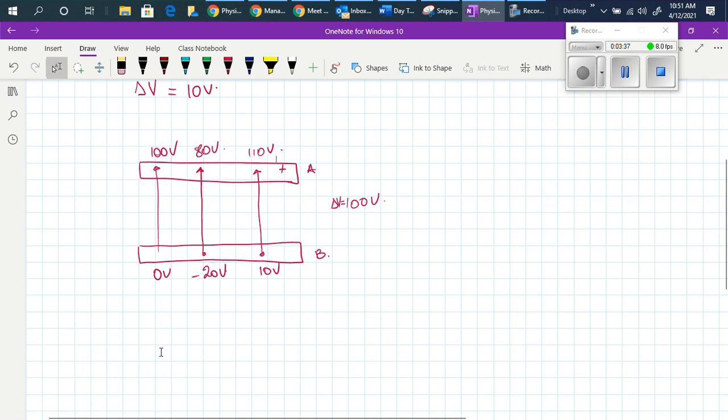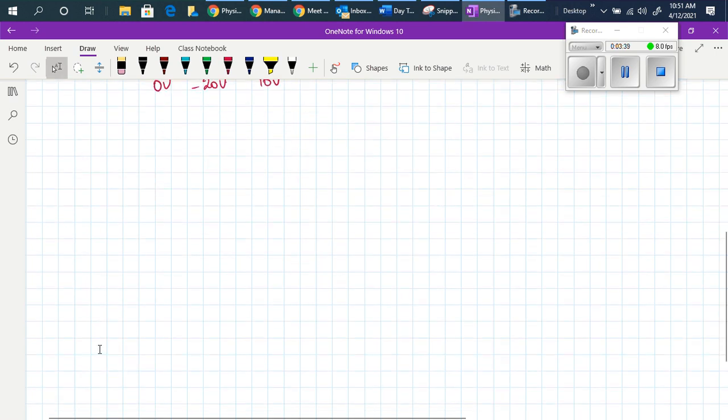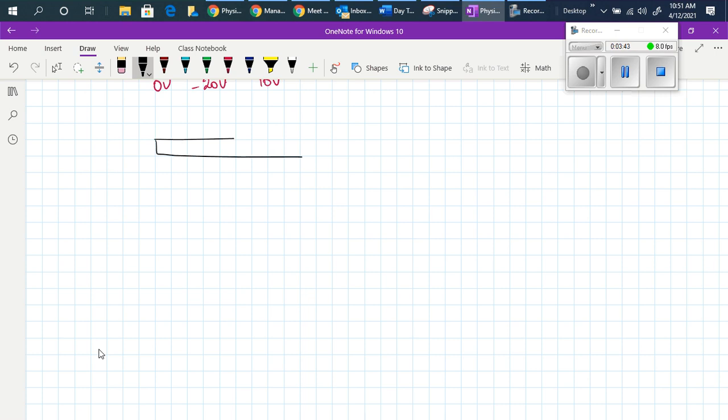Now, when we place a charge between the two plates, then we see an interaction, meaning that the charge will move in one direction or the other. So let's suppose that we have plate A and plate B here, and this is negative and this is positive. And now we place a negative charge here.